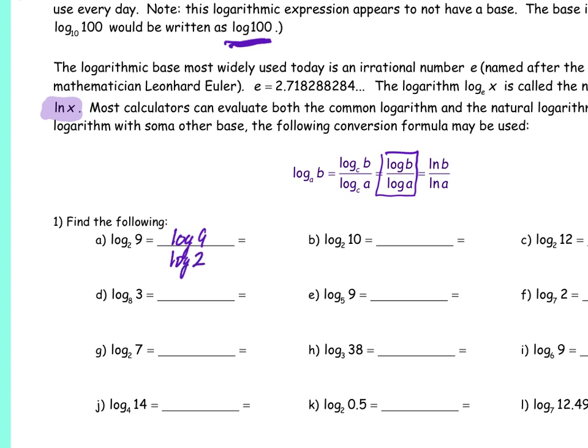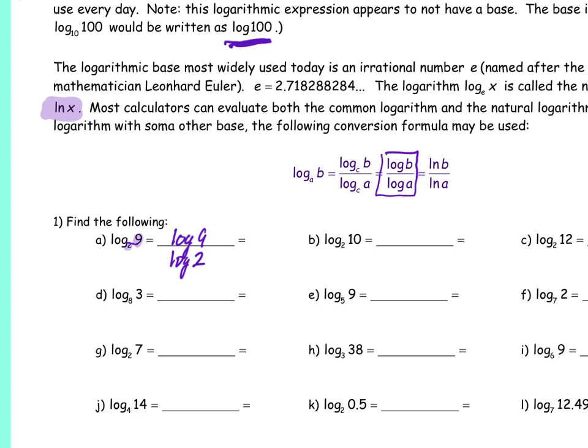Is everyone with me so far? The big number goes on top, the base goes on bottom. The 9 is a big number and it's over the base, so the 9 goes on top of the 2, and I put a log in front of each.